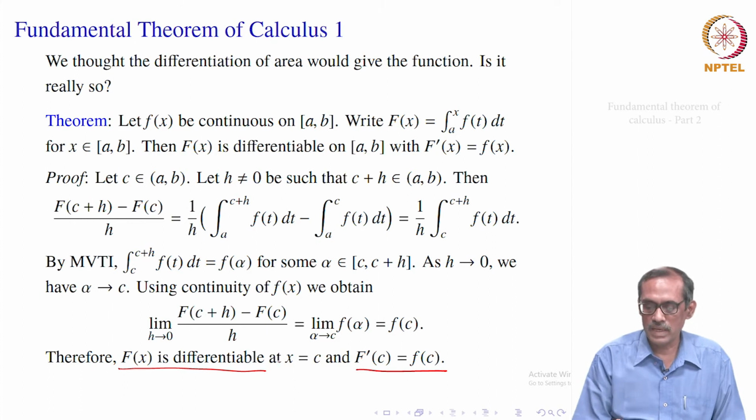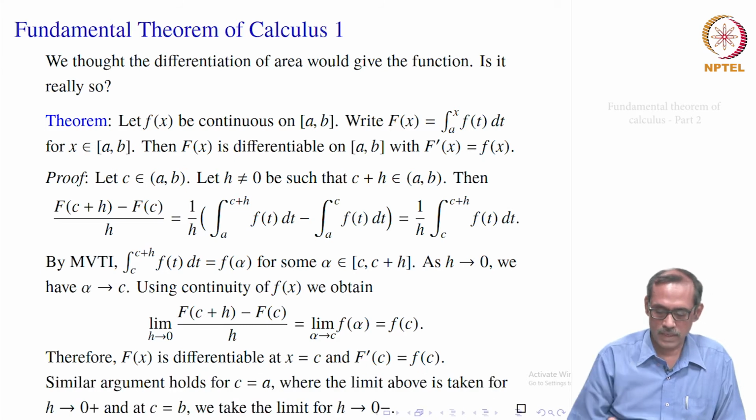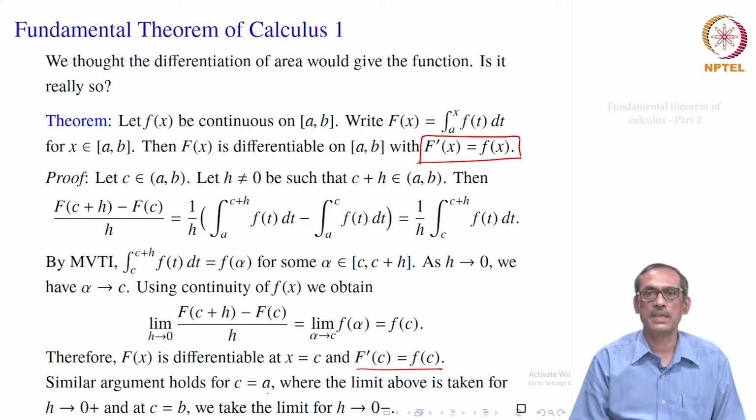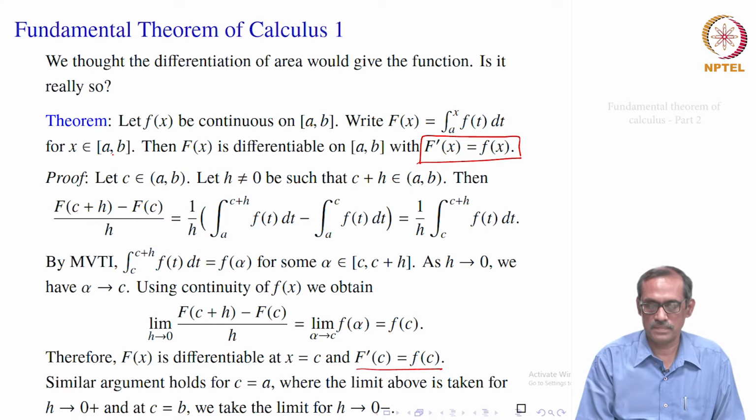Similarly, at b it will be h goes to 0 minus, and you would get c plus h. Okay. So, then at the endpoints also a similar thing is happening. That is why we say that F prime x equals f of x for every x inside the closed interval a b, and that gives the proof of the result.